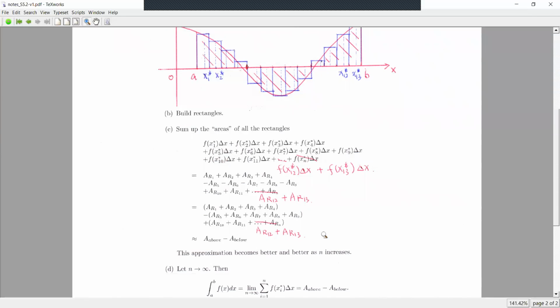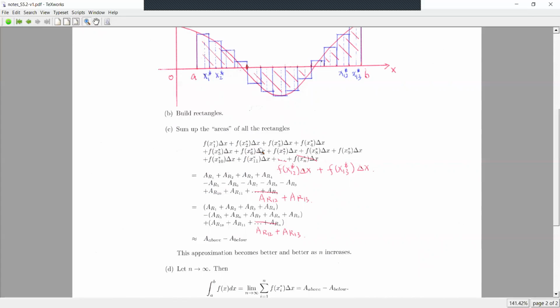Okay, now here in this equation, AR1 means area of rectangle 1. The first term is the area of rectangle 1. Second term, area of rectangle 2. Third term, area of rectangle 3. This is rectangle 4. And this is rectangle 5. But this number is negative, so it is the negative area of rectangle 5.